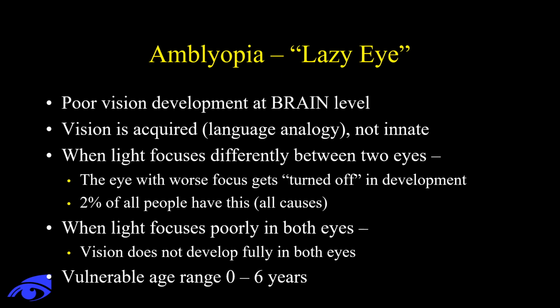Supposedly 2% of all people have amblyopia from all different causes, not just due to Sturge-Weber syndrome. And so amblyopia is actually not uncommon in the general population. When light focuses poorly in both eyes, vision does not develop fully in both eyes. And the window of vulnerability for amblyopia is between the age of 0 to 6 years.